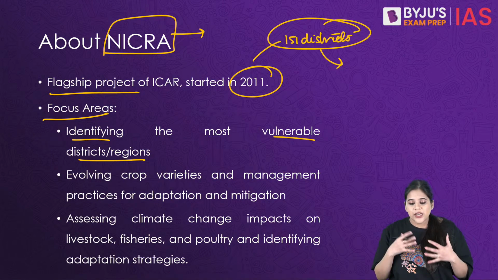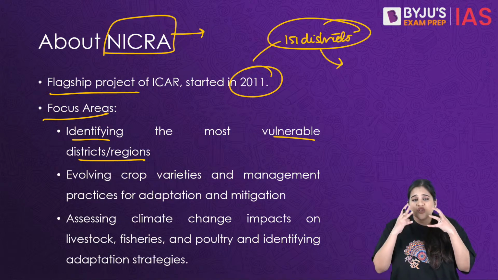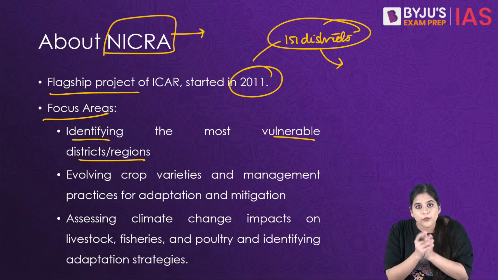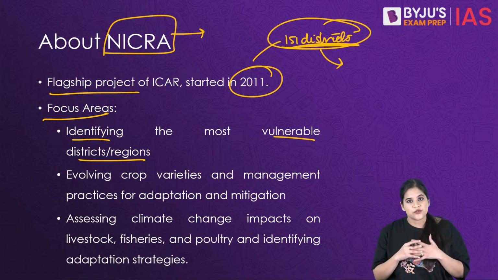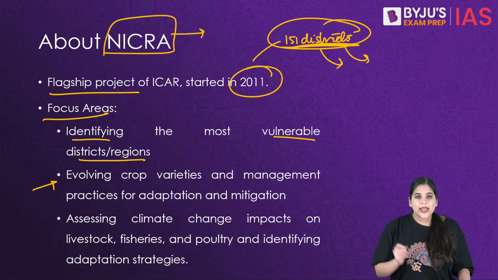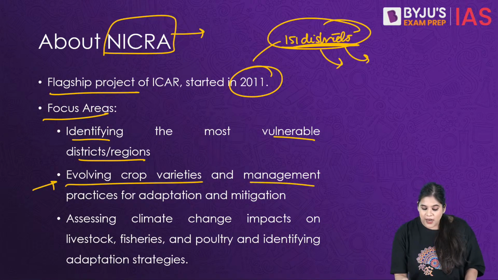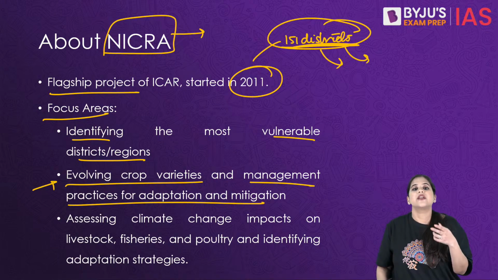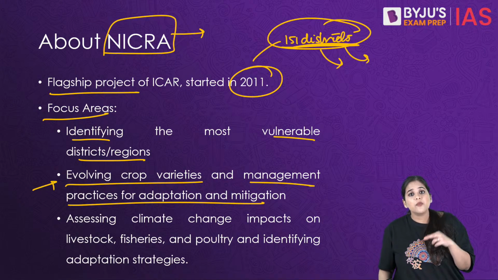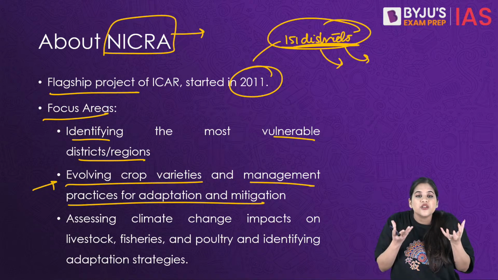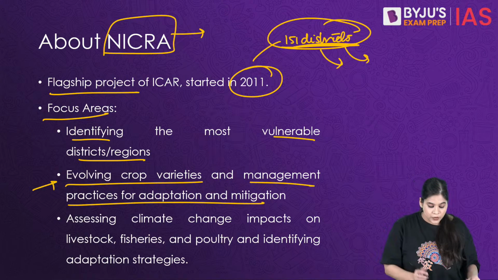ICAR has already started location-specific technology demonstrations for these districts for climate resilient agriculture. The second is evolving crop varieties and management practices for adaptation and mitigation. This is also being done. We have multiple new varieties of crops coming up which are more resilient or more conducive to the conditions that are being created now.